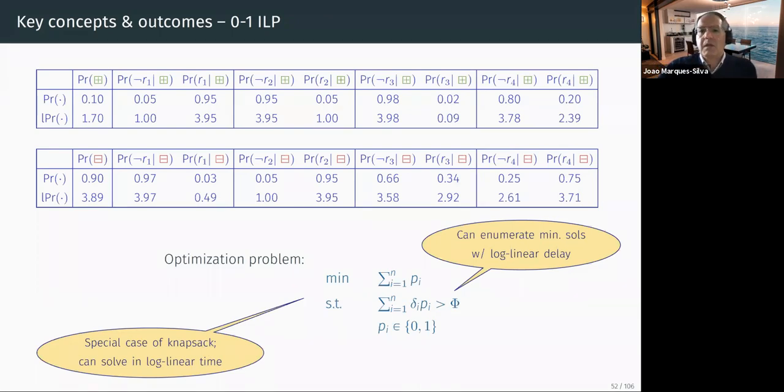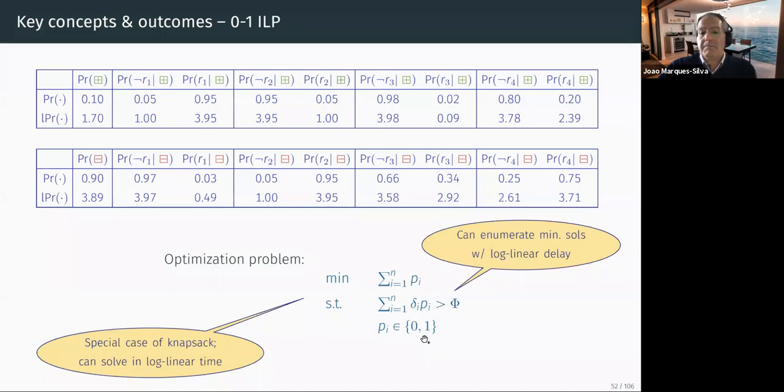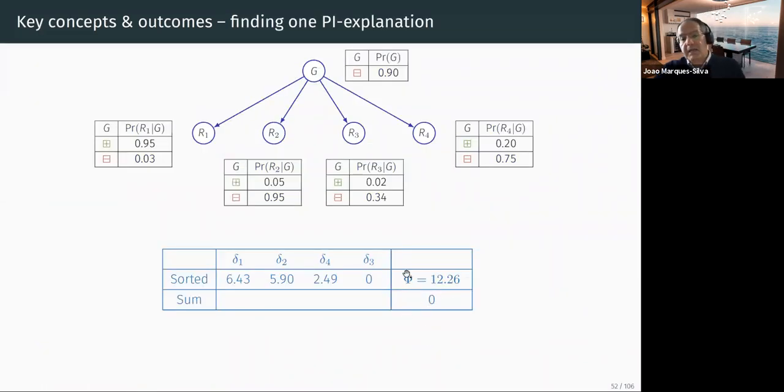Okay. And so here we show the example. So we sort the deltas, and so we can look at the sum. So notice that essentially I'm summing. Let me go back. So I need to do the sum such that I'm comparing with this, and this was shown 2 slides back. So I need to be above this value.